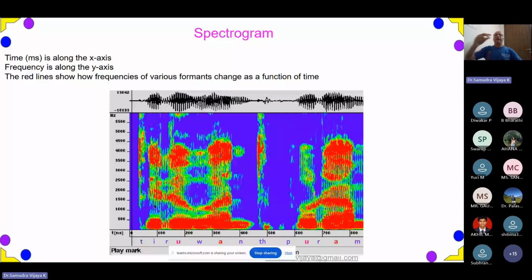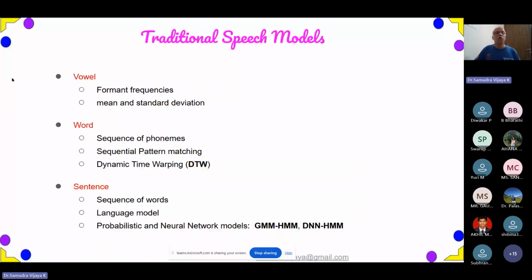That is the mean value, and there is a variation spread of around plus or minus 200 hertz. So you can characterize vowel oo if the second formant frequency mean value is 1200 hertz and its standard deviation is, let's say, 100 hertz and so on. So it's a statistical model of speech for recognizing a single sound.